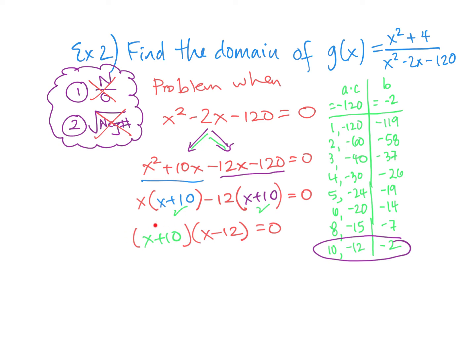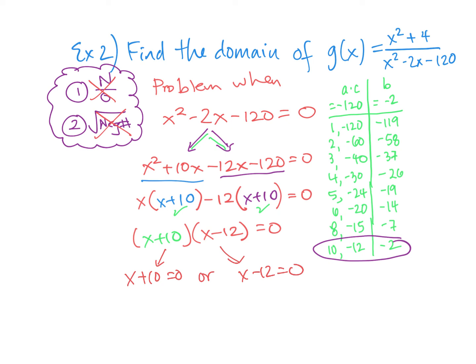I pull it out front, and what's left over is the x minus the 12. So I've got my factors. It's still equal to 0, but after this, it gets really easy. We just set the individual factors equal to 0. X plus 10 equals 0, or x minus 12 equals 0.